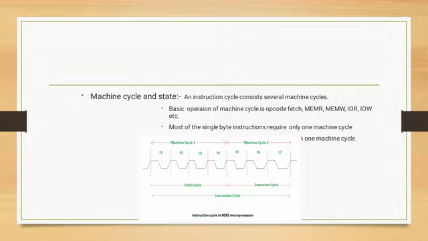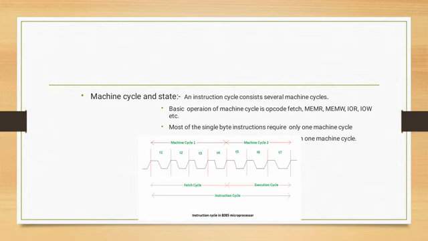In a machine cycle, one basic operation such as opcode fetching, memory read, memory write, or input output read write is performed. So an instruction cycle consists of several machine cycles. The opcode of an instruction is fetched in the first machine cycle of an instruction cycle.